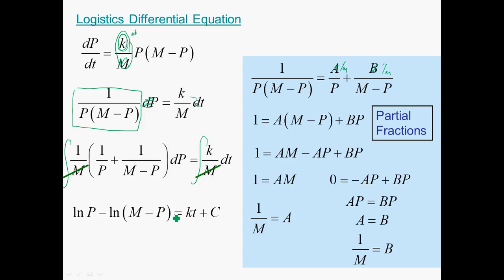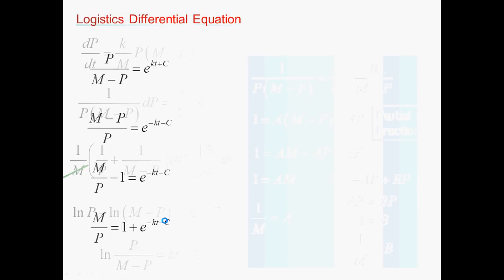Now we're dealing with populations, so I dropped my absolute value, assuming that we're doing growth greater than 0 and your maximum capacity is going to be higher than your population. Then I used my properties of logs to create a fraction, and then I'm going to e to both sides.